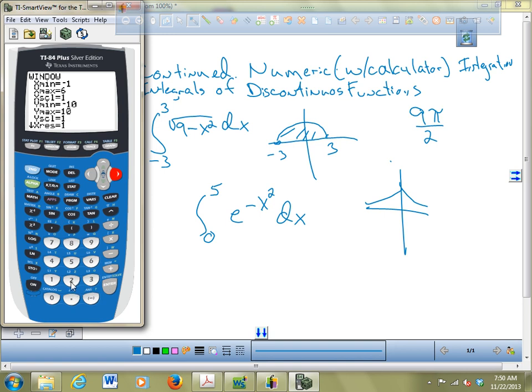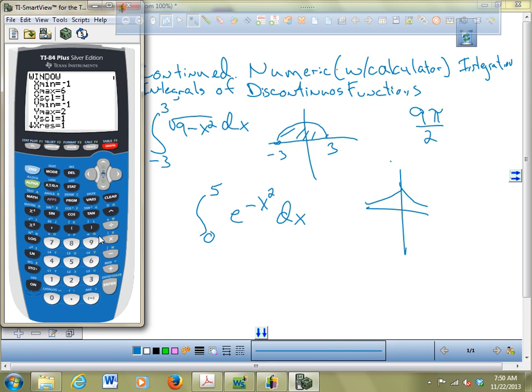So I'm going to put a negative 1 in here, and I'm going to set this up to 2. And then I should get a pretty good picture of my graph.